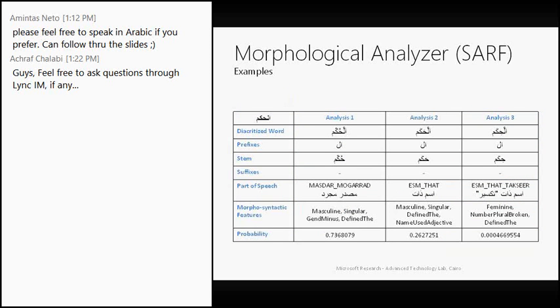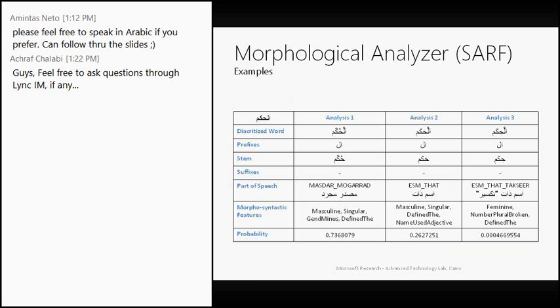Here's a typical example of applying SARF on the word al-hakam or al-hikam. It has different analyses, as we can see. If we take a look at analysis 1, for example, the word is diacritized. It tells us that it has a prefix al, the stem hukm, no suffixes, its part of speech is masdar, and it has other features like being masculine, singular, and defined by al.